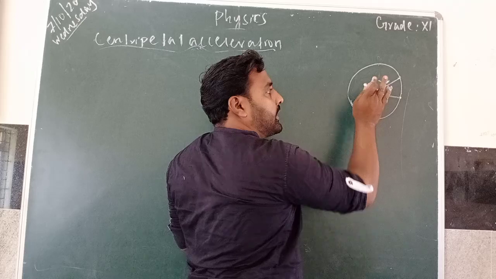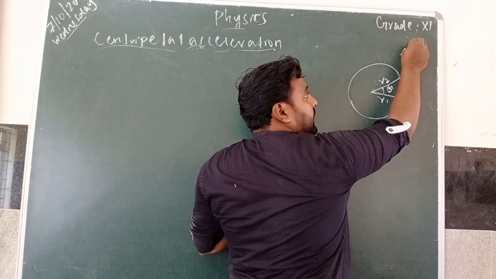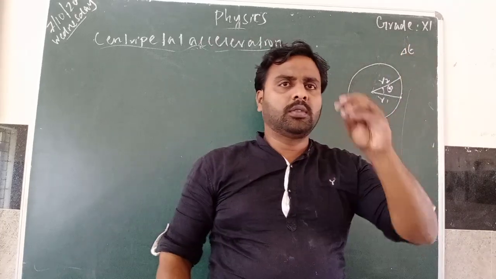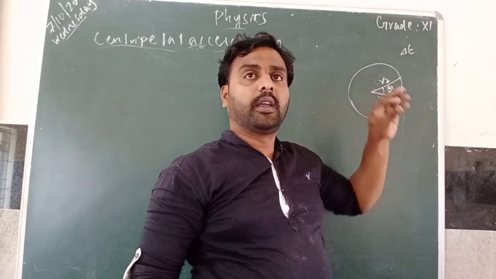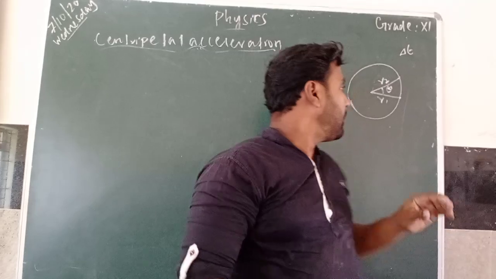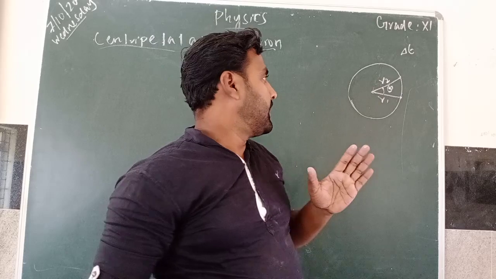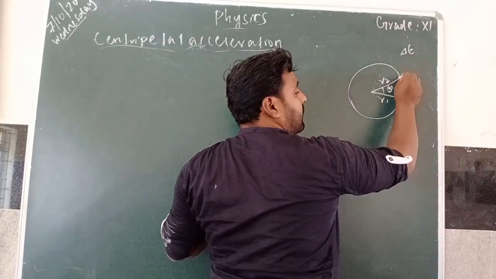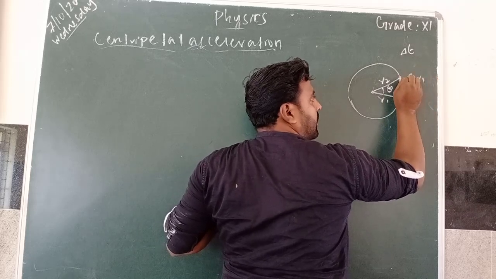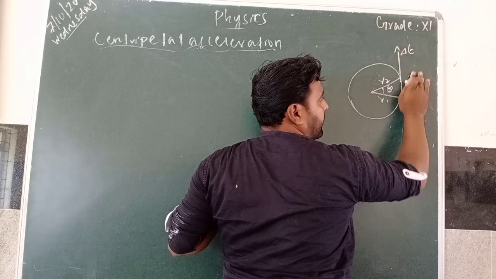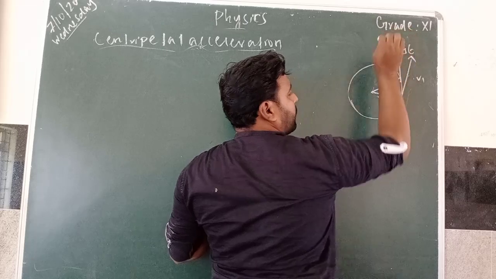So every time the position is shifted through a small angle theta in a small time. In each delta t time, the position is shifting and making an angle theta. Now you see, here there is a velocity v, and here also there is a tangential velocity, v2.